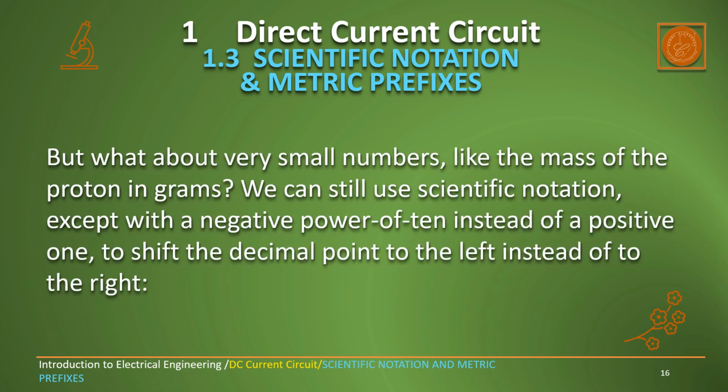But what about very small numbers, like the mass of the proton in grams? We can still use scientific notation, except with a negative power of 10 instead of a positive one, to shift the decimal point to the left instead of to the right.